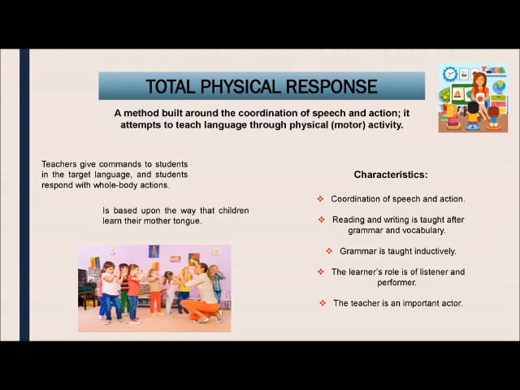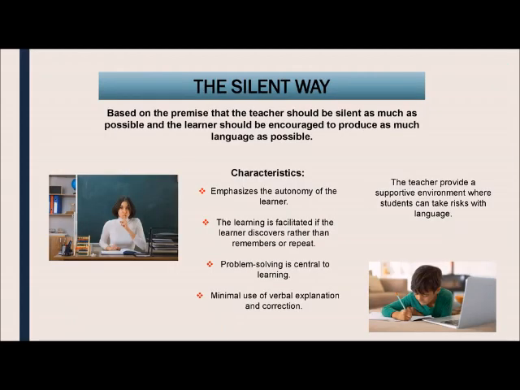Some activities that can be carried out through this method include group singing, storytelling sessions, and games like Simon Says. This method is popular with beginners and with young learners, but it can be used with students of all levels and all ages. The next method is called the silent way.